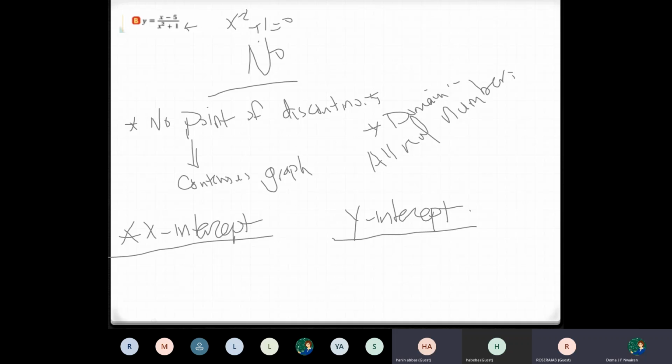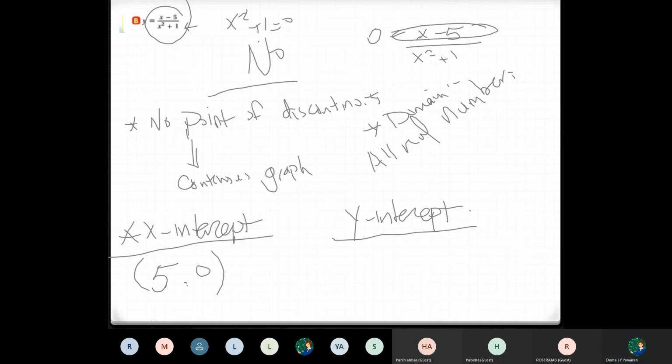And the y-intercept. Now, the x-intercept here, how can I find the x-intercept? When y is 0. 0 equals x minus 5 over x squared plus 1. When y is 0, the numerator is 0. So at point 5. What about now the y-intercept?